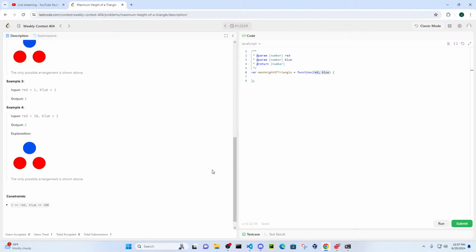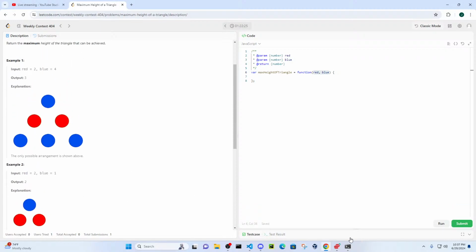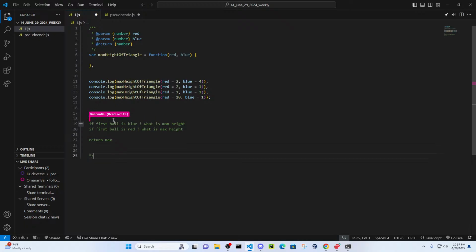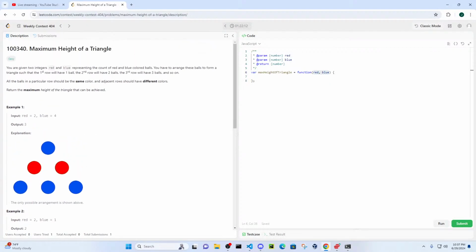All right. So we're limited by the minimum, right? Yes. Let me look at these examples. 2 is the minimum.